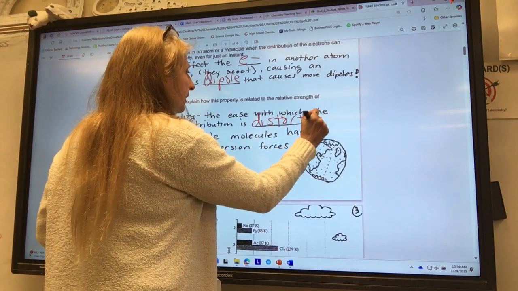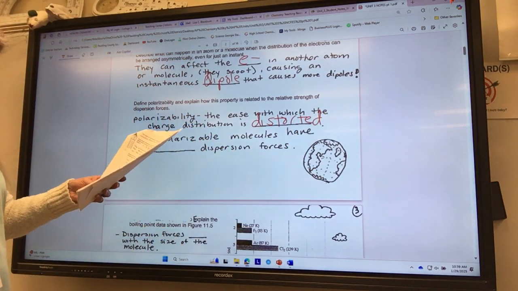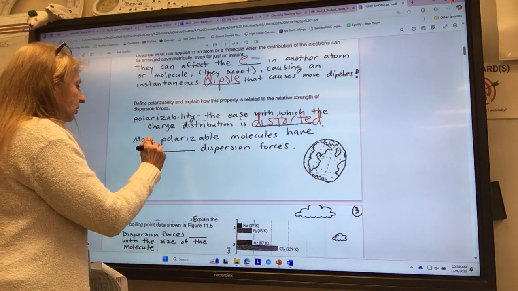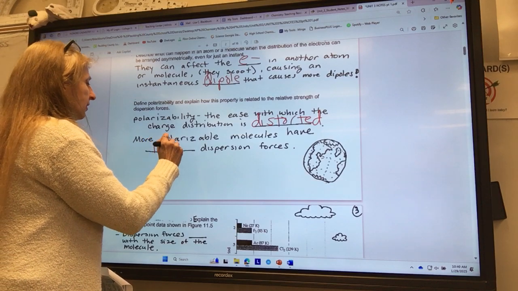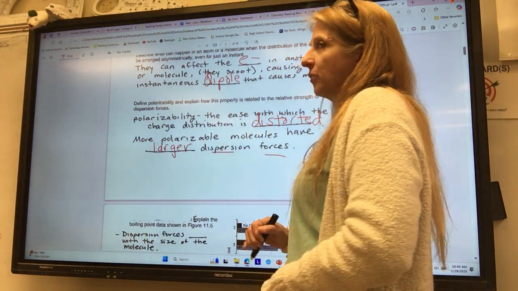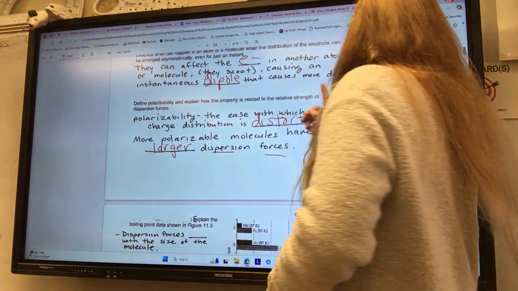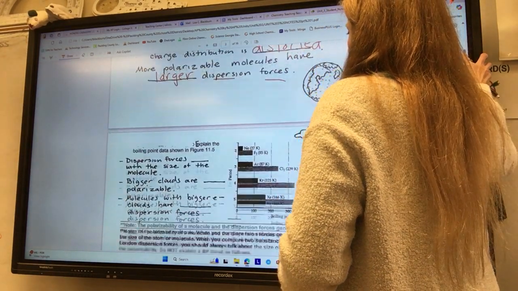Some get distorted easier than others. More polarizable molecules have larger London dispersion forces. Okay, good so far? Type 1 of intermolecular forces, good?